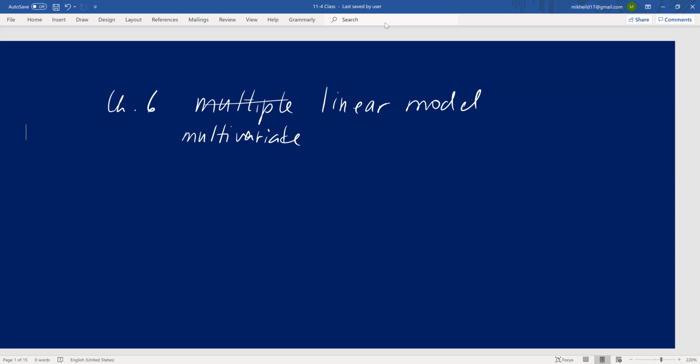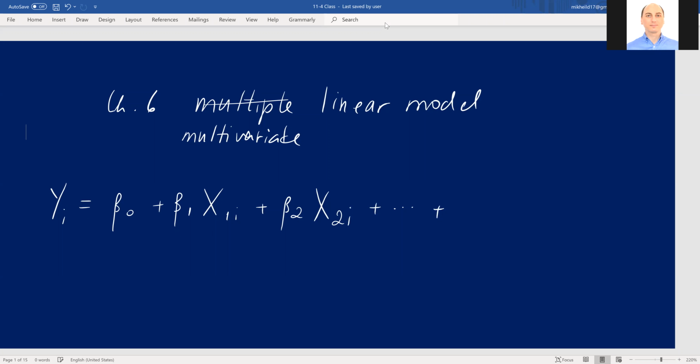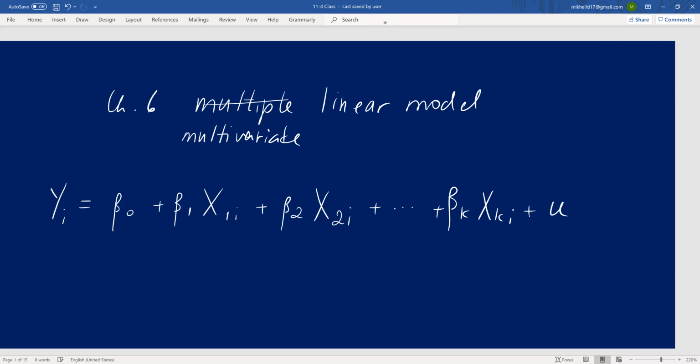The model has the following form: yi equals beta 0 plus beta 1 x1i plus beta 2 x2i plus and so on plus beta k xki plus ui.